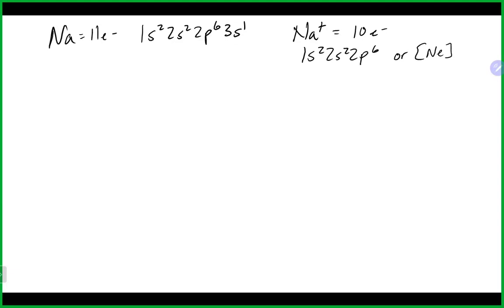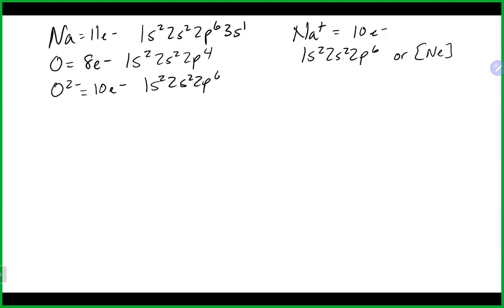If I look at something like oxygen, which, if it does not have a charge, has 8 electrons like we saw earlier, 1s2, 2s2, 2p4 would be 8. When oxygen makes a charge, it is a -2 charge, and that is 10 electrons, which means it would have 1s2, 2s2, 2p6, also neon's configuration.